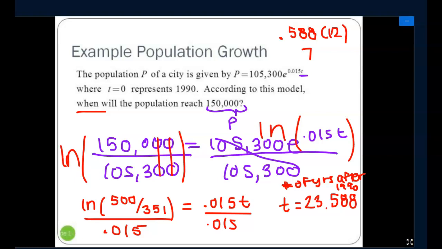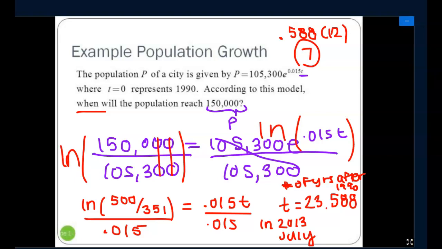So 23 years later would be in 2013. And if you want to be specific, in month 7. So month 7 is July. So the population would reach 150,000 in July of 2013. That's how they're looking for your answer. They're not looking for the 23.588. They're looking for you to interpret, what does that 23.588 mean?